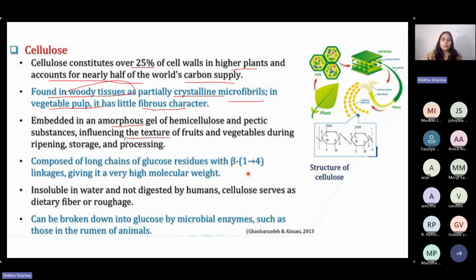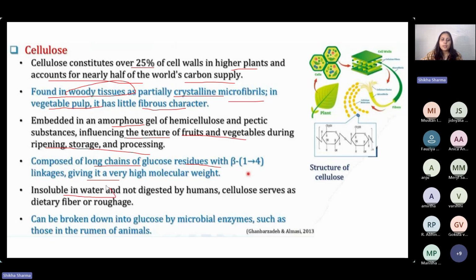It influences the texture of fruits and vegetables during ripening, storage, and processing. It is composed of long chains of glucose residues with beta-1,4 linkages, giving it a very high molecular weight.